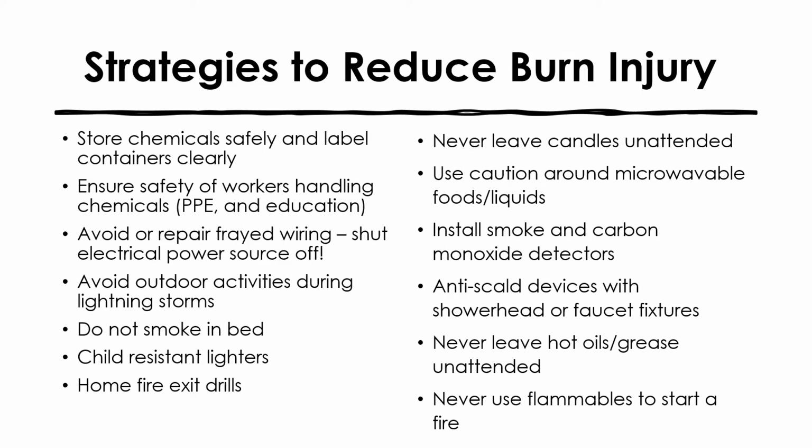So wearing proper personal protective equipment, giving proper education to employees, always avoiding or repairing frayed wiring. We never want wires to be open or visible. Always shutting electrical power off if we were to do any repairs. Avoid any outdoor activities during lightning storms. Do not smoke in bed. Using child-resistant lighters. Practicing home fire exit drills is a big one.